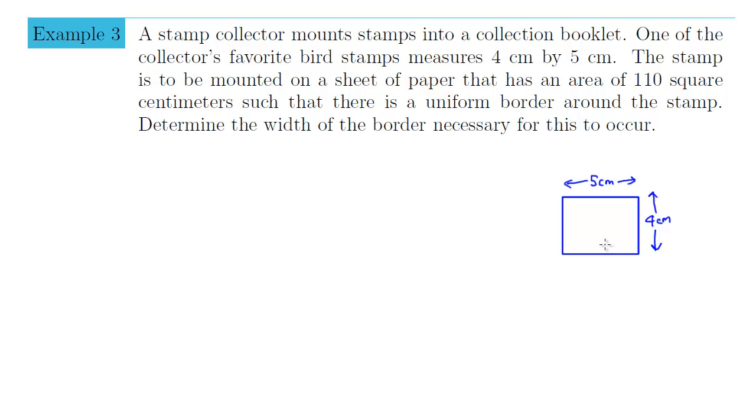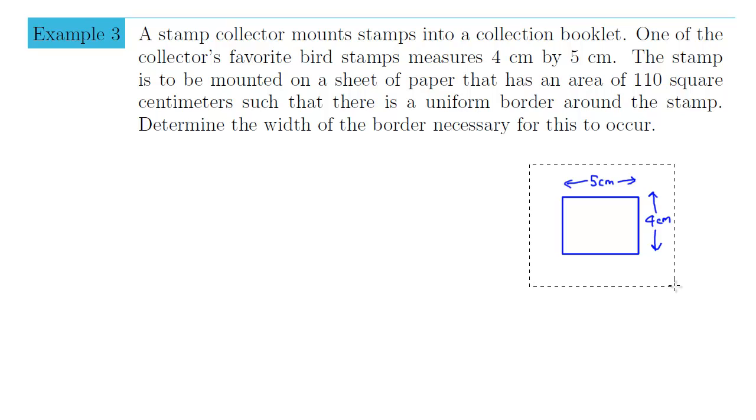Now, what is it that we know about this stamp? Well, we know it's going to be mounted on a sheet of paper that has an area of 110 square centimeters, but more importantly, we want a uniform border around the stamp. Like a picture frame, right? We want to place this stamp in the middle of the paper so that the border around the outside of the stamp is the same width on each side.